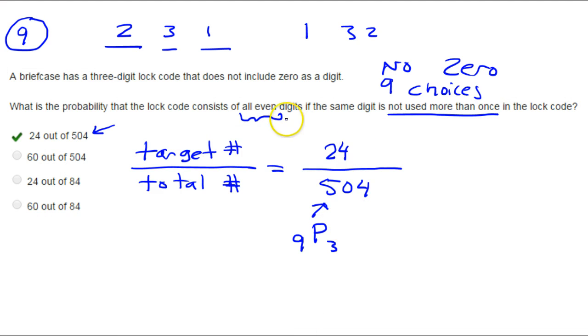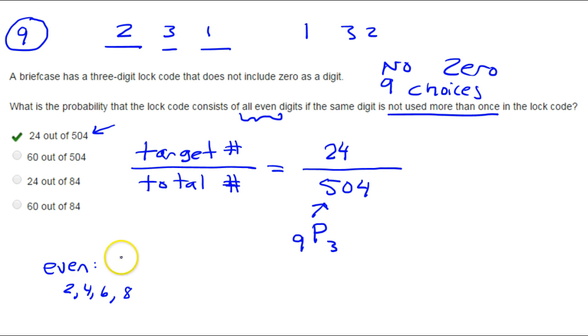Similarly, if I wanted to talk about the target number of codes, the number of codes that have all even digits, well, instead of 9 choices, if I'm talking about even digits only, the even digits are 2, 4, 6, and 8.